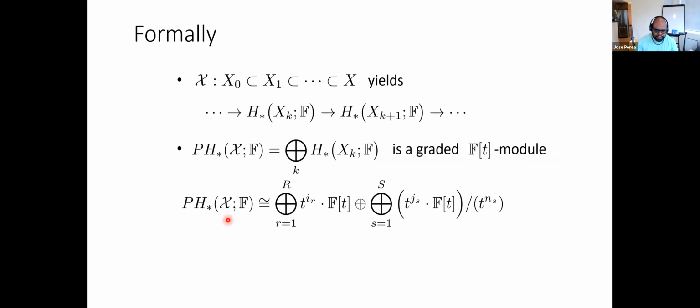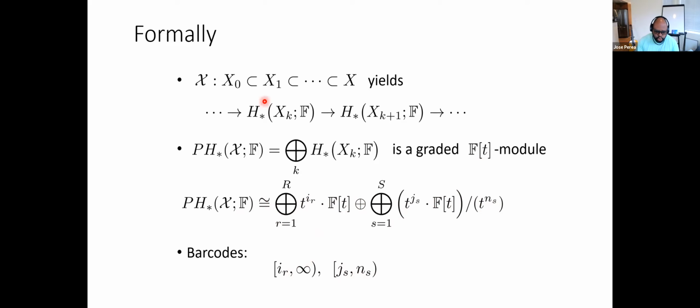One can show that the persistent homology is a number of copies of something that looks like the ring, and a number of copies of things that look like the ring mod something. And it turns out that from that decomposition, one can read off the barcodes. The barcodes are sort of the free part of the module. The infinite bars are the free part, and the finite bars are sort of the torsion part of the module.